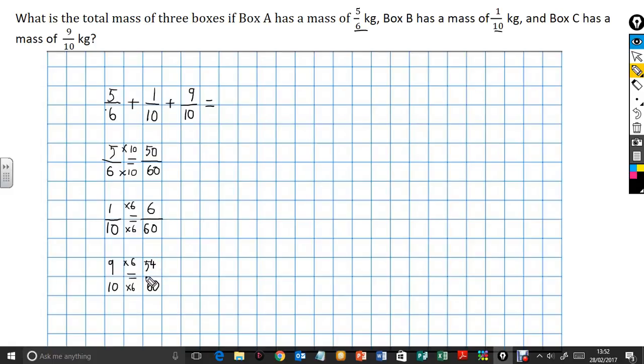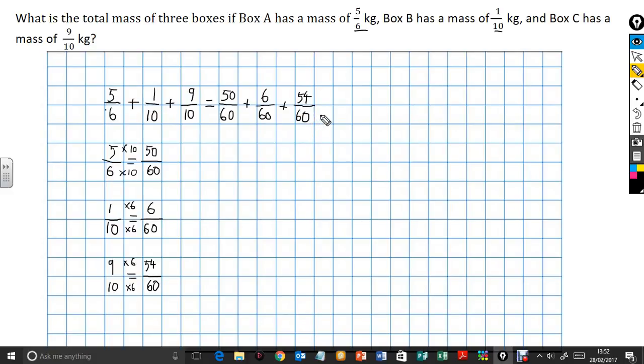Okay, so now I've converted all of these fractions so that I have an equivalent fraction for each of them that shares the same denominator. So I can now rewrite this as 50 over 60 plus 6 over 60 plus 54 over 60.